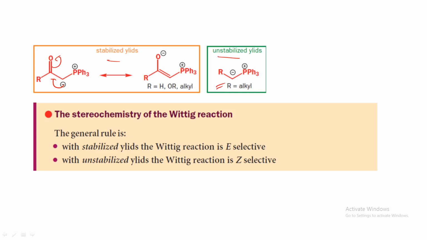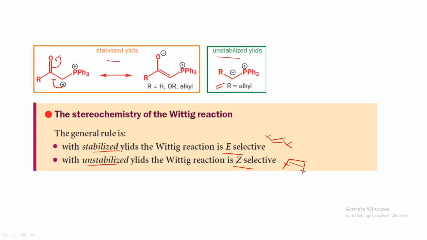And this is a hard and fast rule or thumb rule you can always remember, that a stabilized ylide would always give E-selective stereochemistry, meaning this type of olefin, and for an unstabilized ylide you would always generate Z-selective olefins. So like this. So why is that?